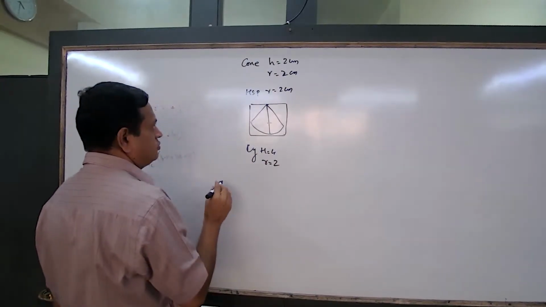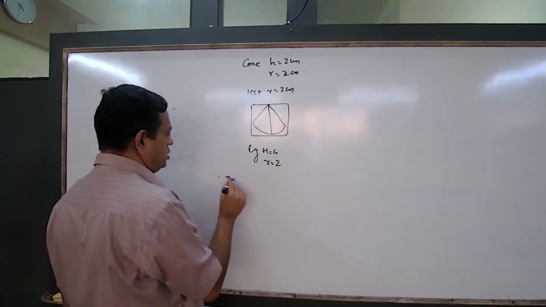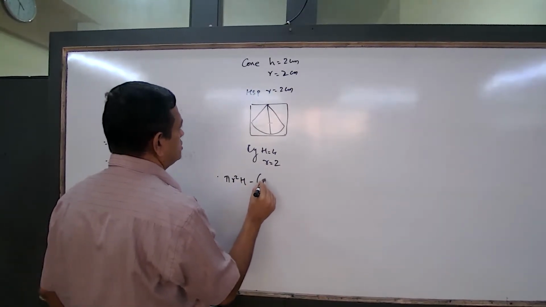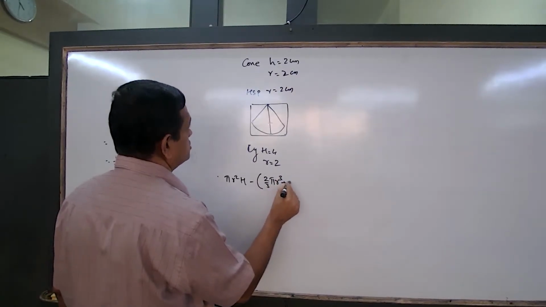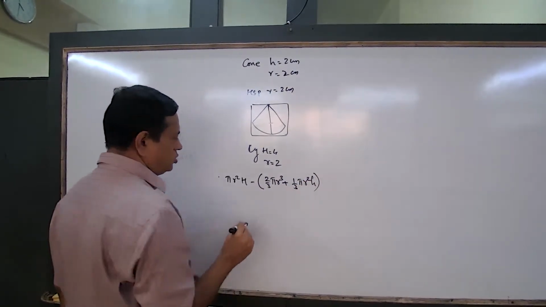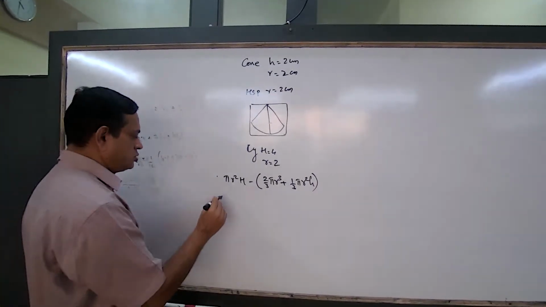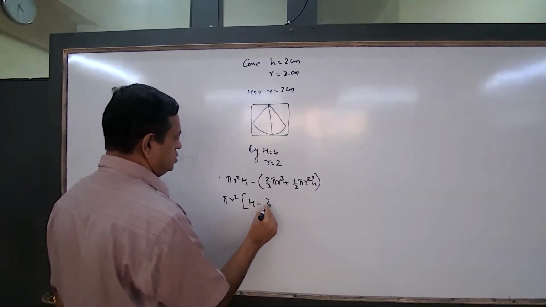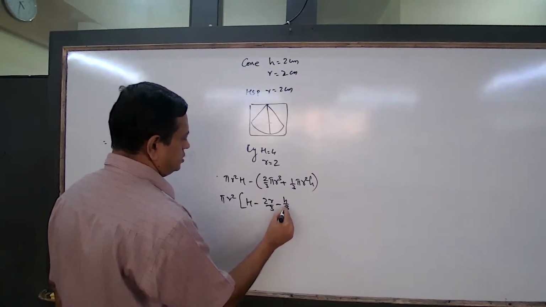Therefore, the space means volume of cylinder pi r square capital H minus, in bracket, 2 by 3 pi r cube plus 1 by 3 pi r square h. Everywhere pi r square you can take common. Then next is capital H minus 2r by 3 minus h by 3.